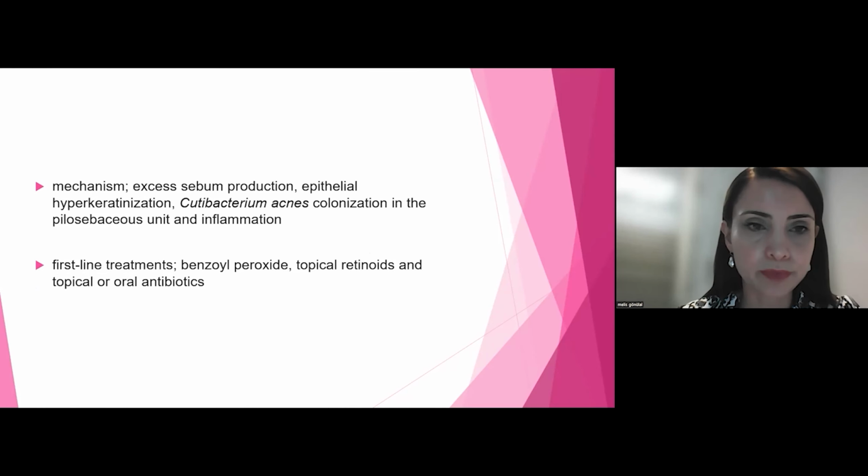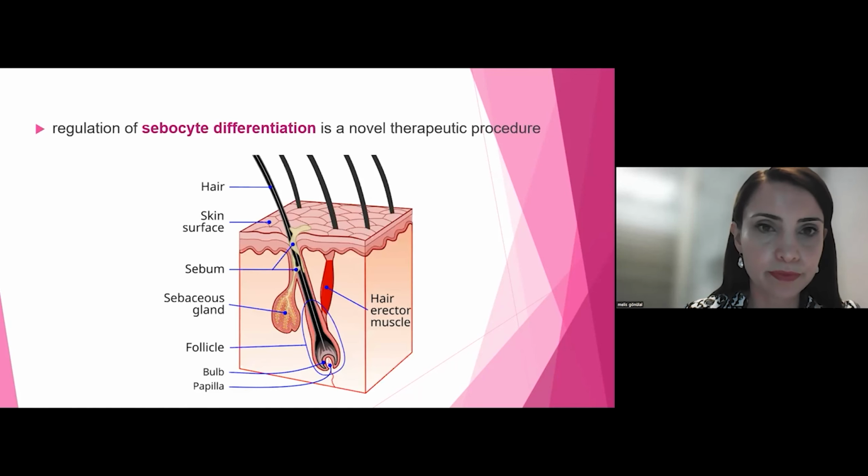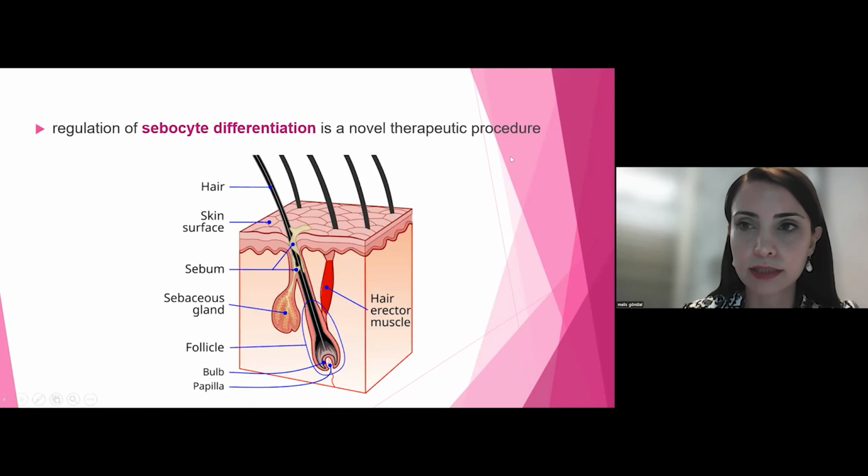In mechanism, we know there are excess sebum production, epithelial hyperkeratinization, Cutibacterium acnes colonization in the pilosebaceous unit, and inflammation. We use in first-line treatments benzoyl peroxide, topical retinoids, and topical or oral antibiotics. And now, in the novel treatment modality, we aim at the regulation of sebocyte differentiation.